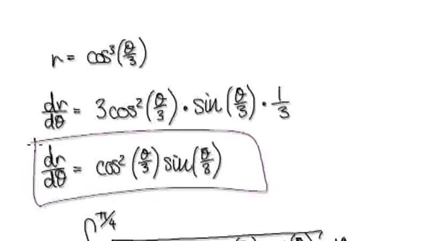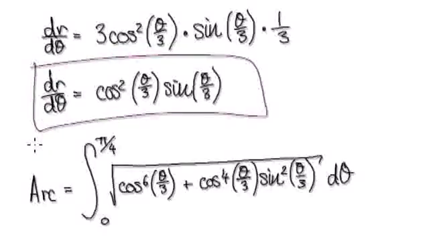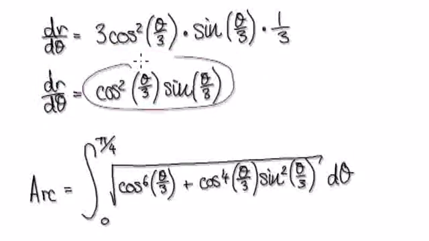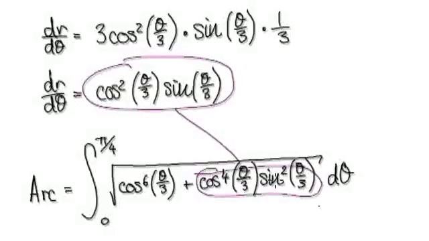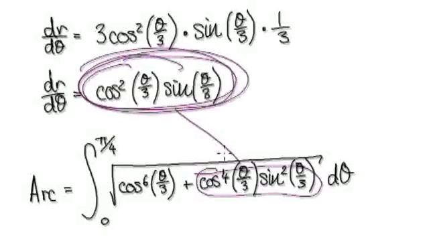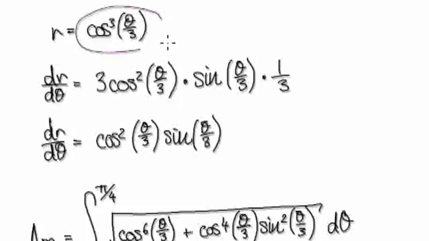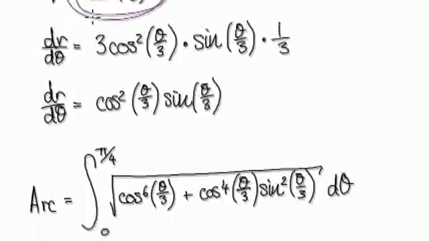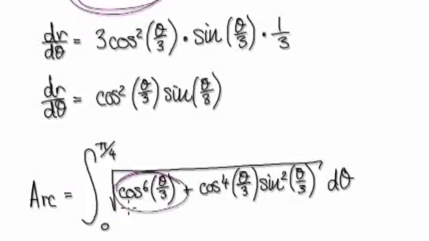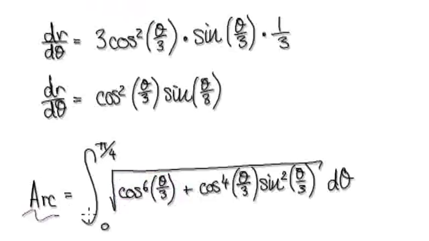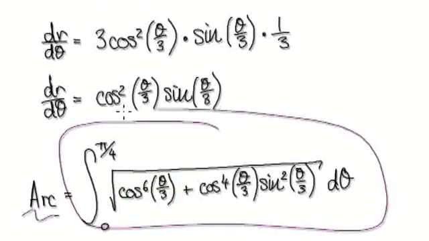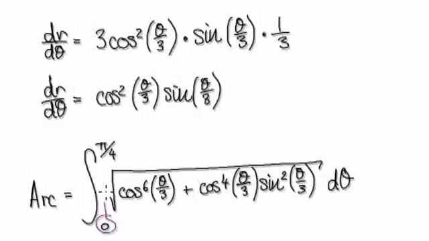When you square this, it will become this. Then square the r here, and that will become this. So the arc length is given by evaluating this from 0 to pi over 4.